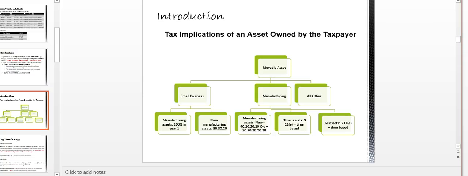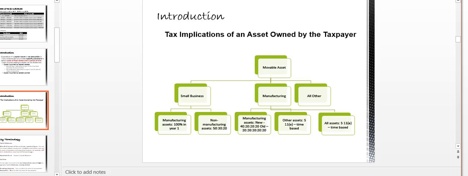So looking at the tax implications of assets owned by a taxpayer, there are basically two important implications you need to know. Movable assets are divided into small business corporations or manufacturing businesses.